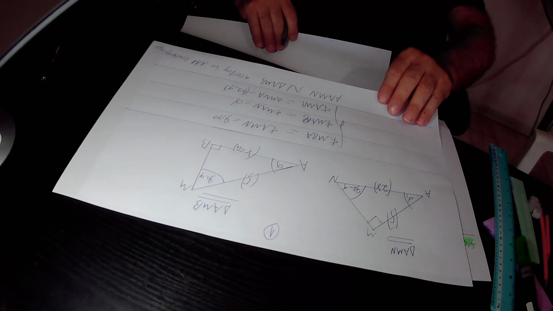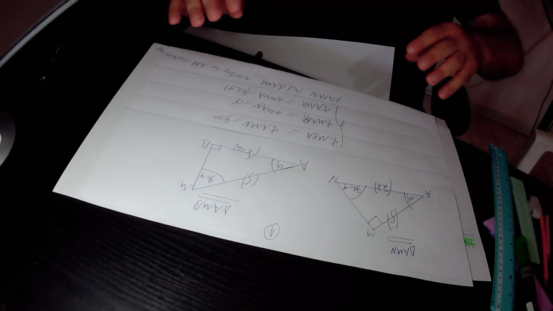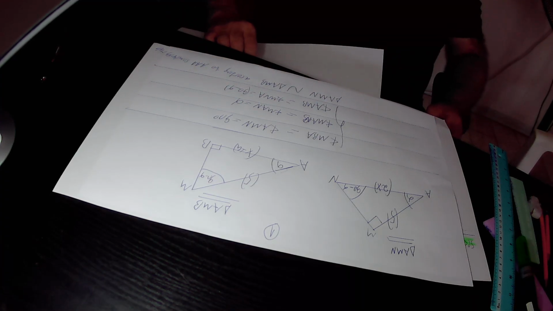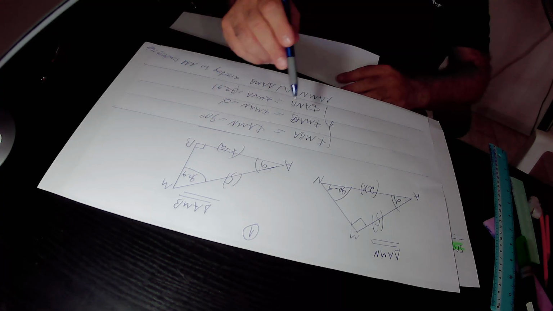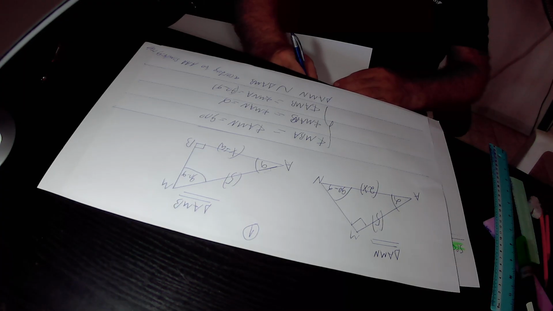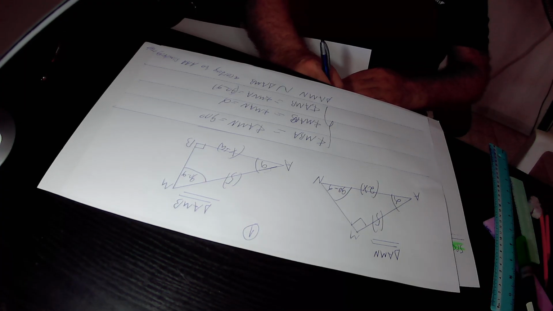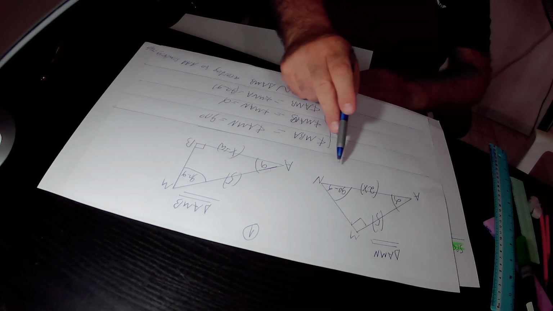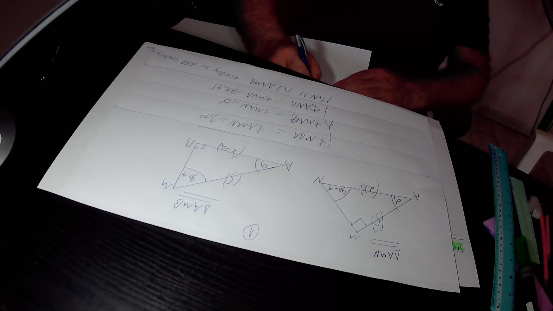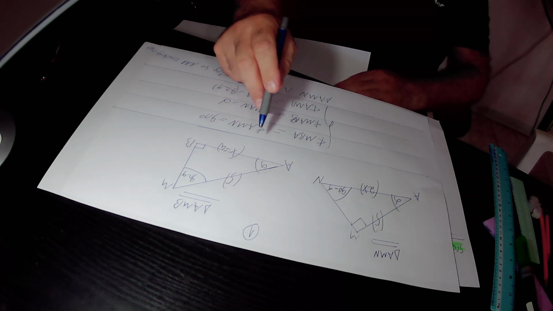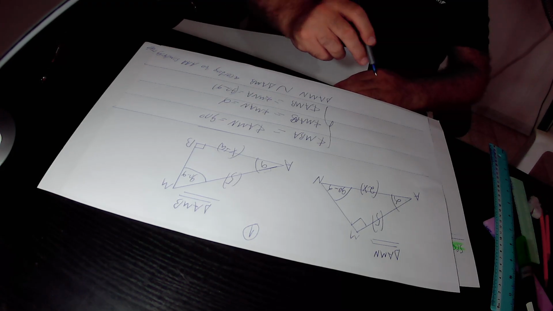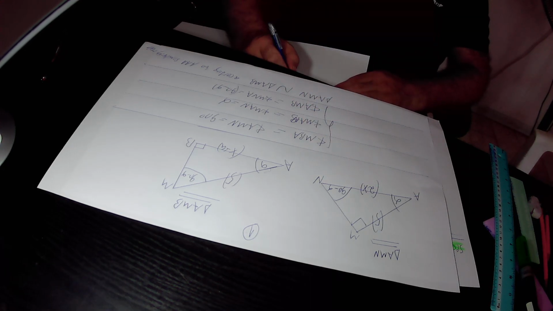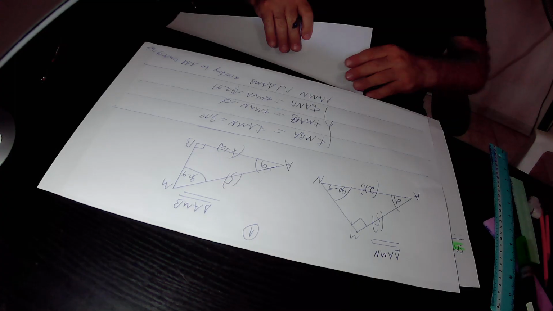So from the fact that those two right triangles are similar to each other, we will derive that the following relationship exists between their sides.